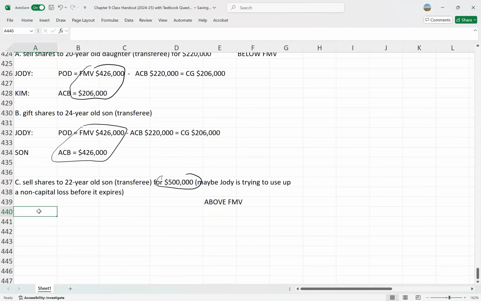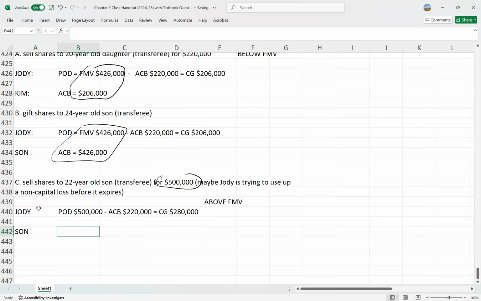So proceeds will equal the actual 500 minus the adjusted cost base of 220. So the capital gain will be 280,000. Above fair market value, Jody will use the actual amount, 500,000.